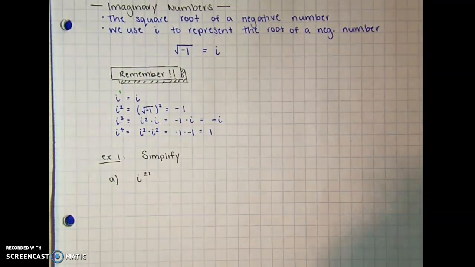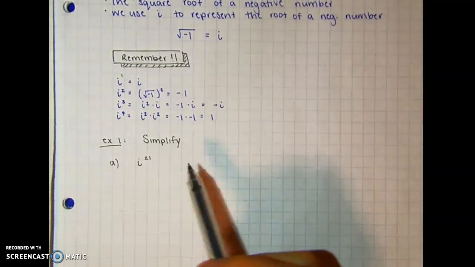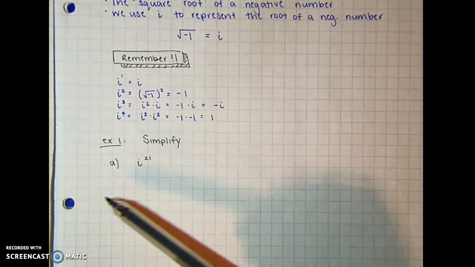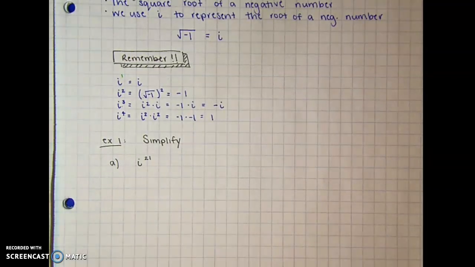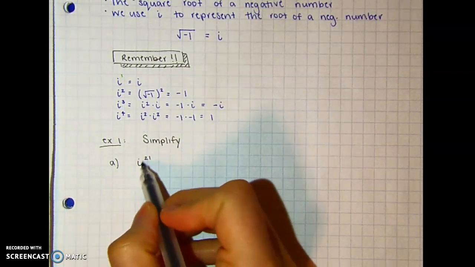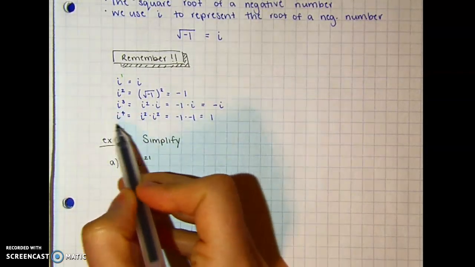So if I have i to the, let's just do 21st. i to the 21st power. Okay, so you could simplify this by saying i times i times i, 21 times. Or we could think about it in terms of i to the fourth.